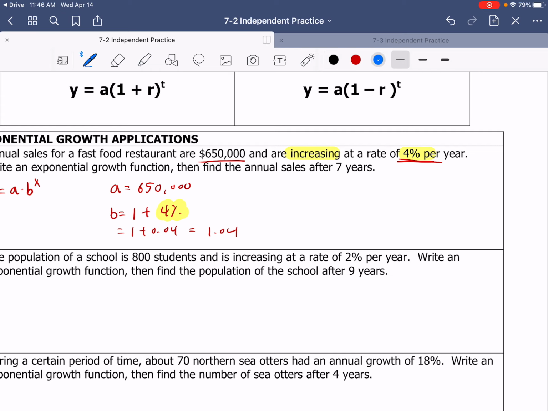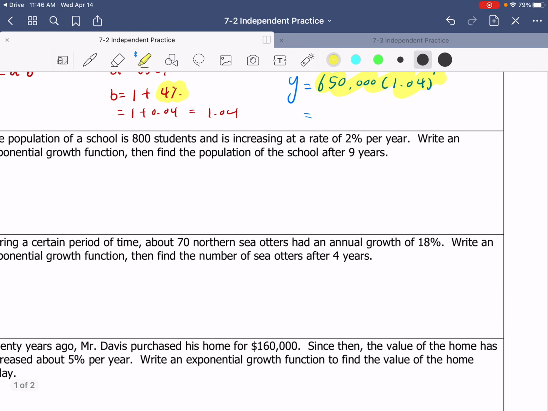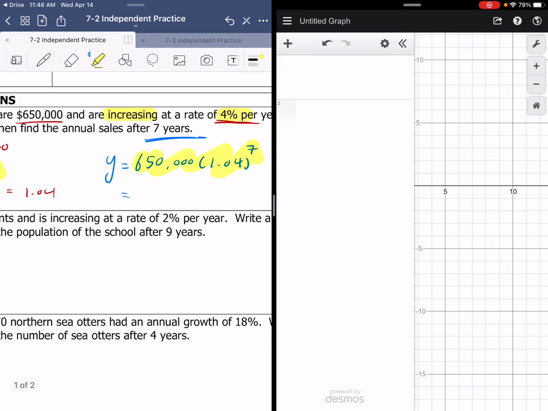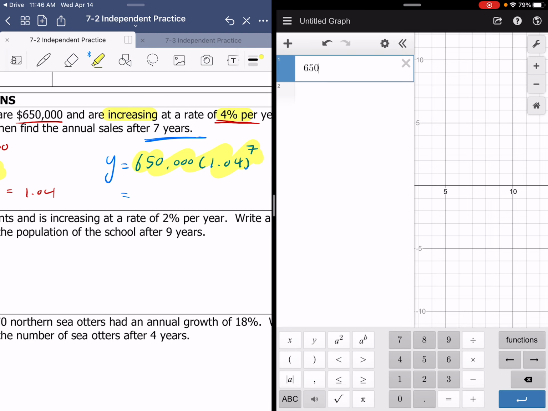So now we can set up the equation. y equals 650,000 times parenthesis 1.04, that's b, to the x power, but it's for 7 years. So instead of x, we're gonna put 7. Okay, and that's it. Just put this into the calculator. 1.04 to the 7th power.